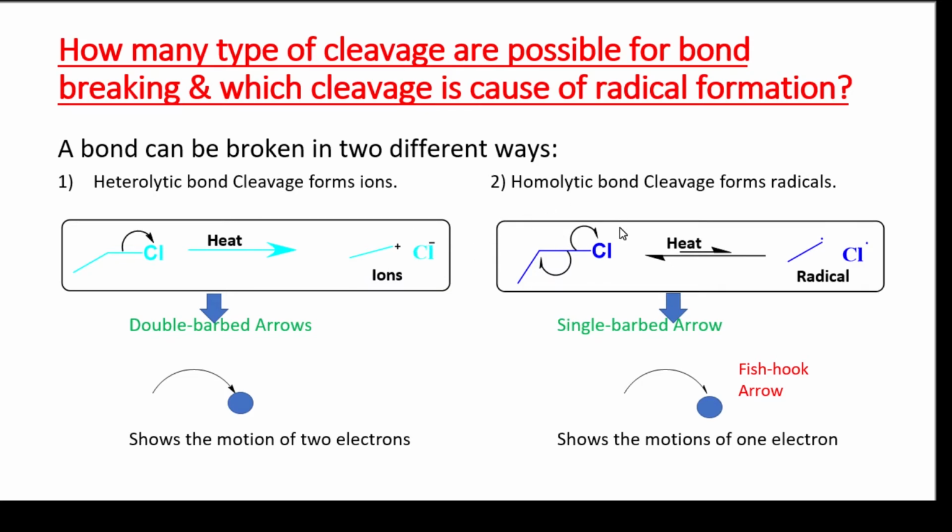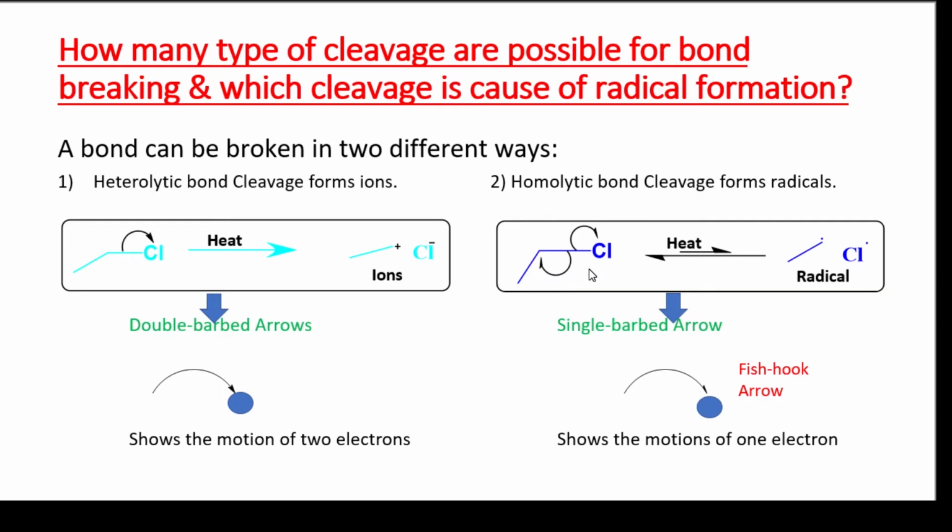While showing homolytic cleavage, how do you show it? Homolytic bond cleavage is shown by a single barbed arrow, generally known as a fish hook arrow. It shows only single barbed, not double barbed. Double barbed is this, both sides. Single is only this one.